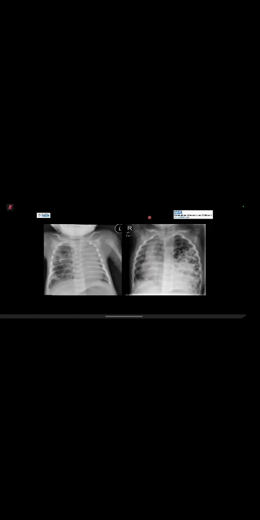The next question is on case 12. Why were the lung lobes atelectatic on the right side along with the area of overinflation?